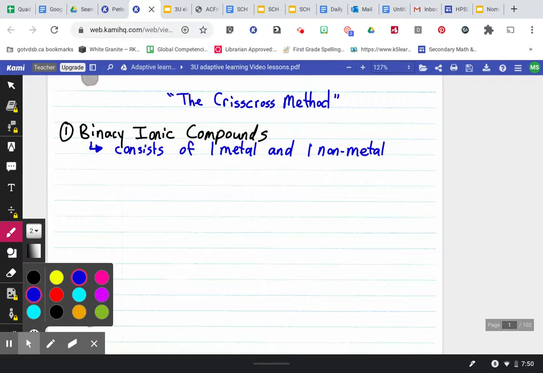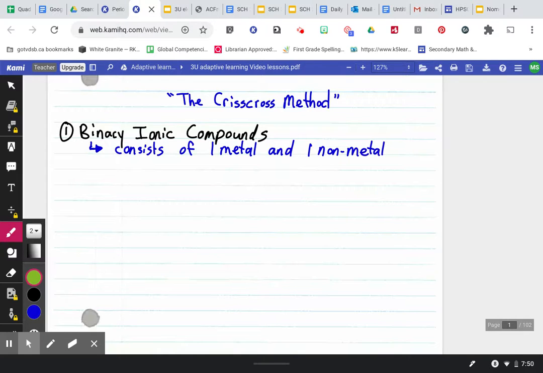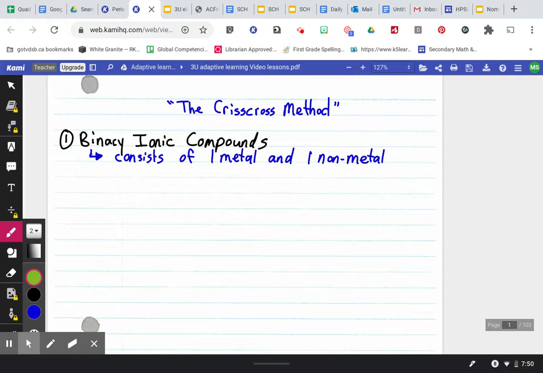I'm going to do an example. We'll start with lithium chloride. So this is just a plain ionic compound.